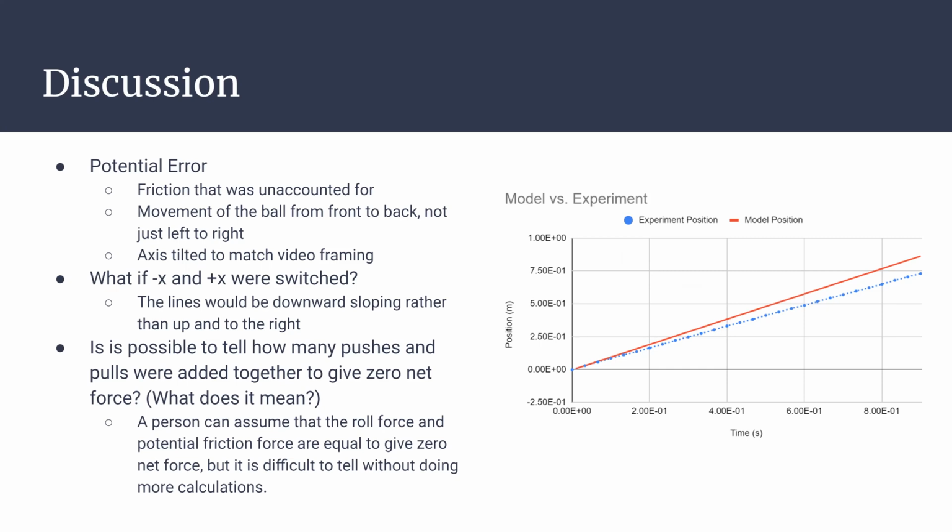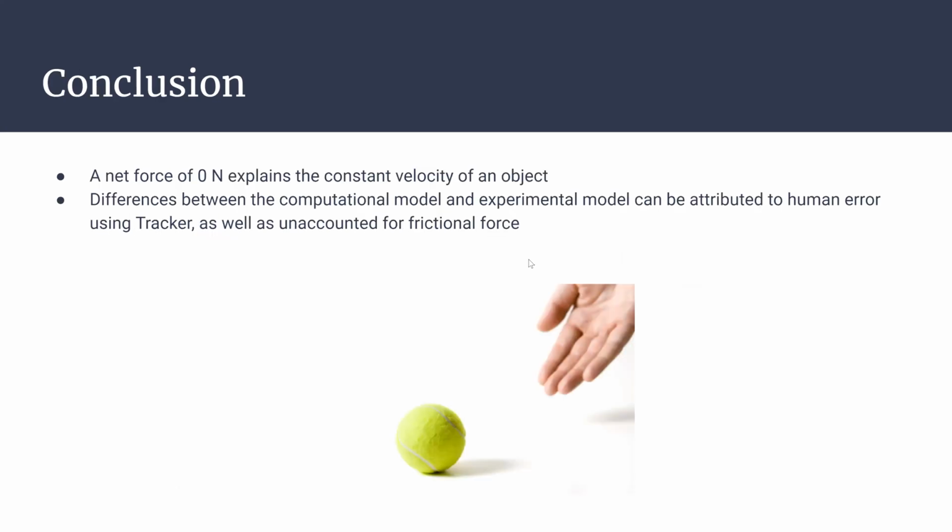So I gave it an initial force, but after it started rolling, there was no net force on it. Maybe in that initial moment there was friction and that rolling force, but it's hard to tell without doing more calculations and trying to calculate a frictional force. So I don't know if it's possible to give a definitive answer besides that.